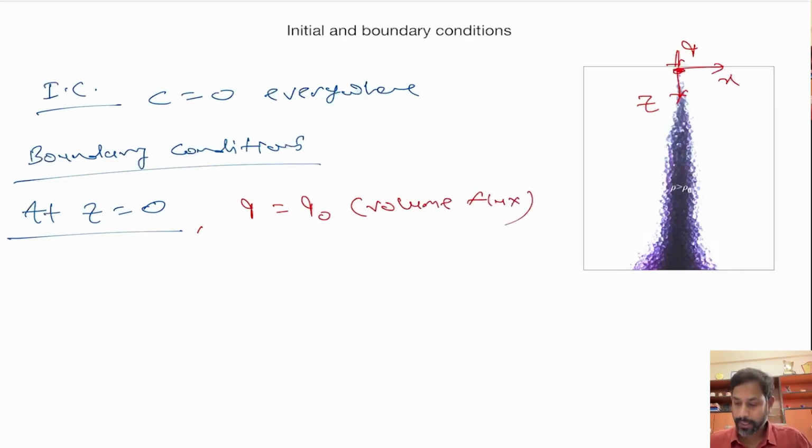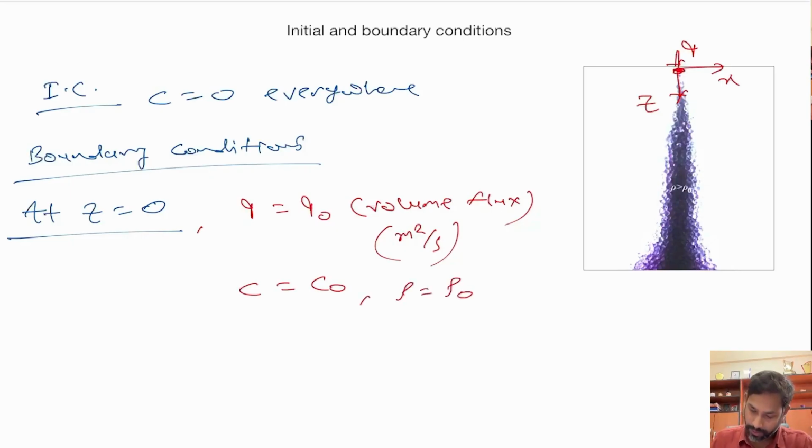Okay, and we define these as meter square per second because we are not worried about the third dimension. We are considering this to be per unit length in the third dimension. Okay, and c equal to c naught and rho equal to rho naught, at z equal to 0 and at x tends to infinity.